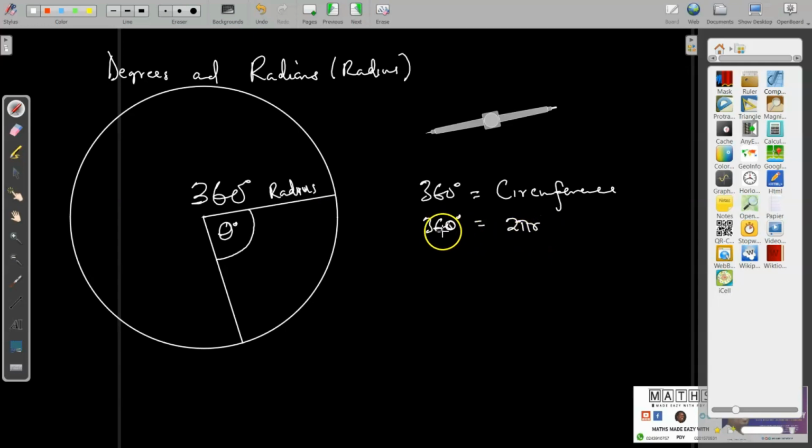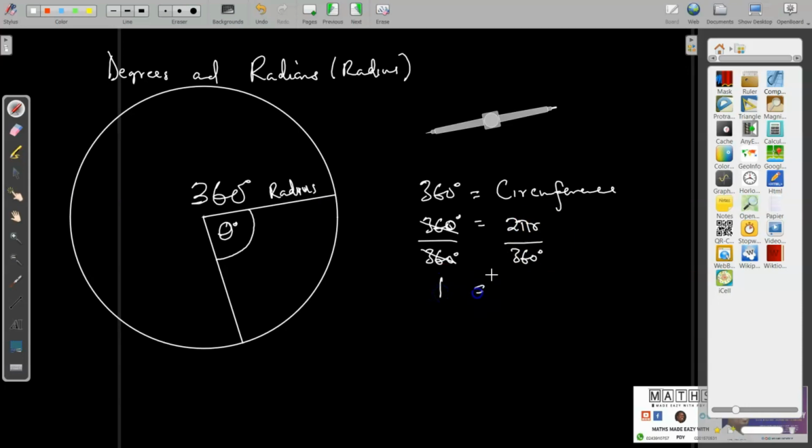So in other words, if I want only 1 degree, what should I do to the left hand side of this equation? I divide here by 360 degrees, divide here by 360 degrees. So the degree thing will be left out, giving me 1.